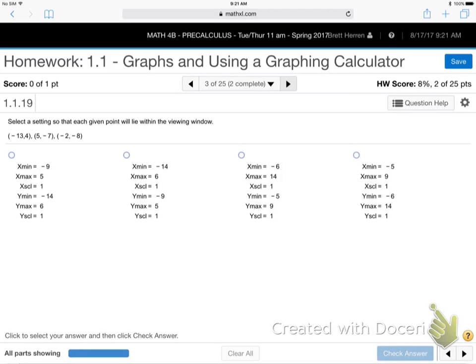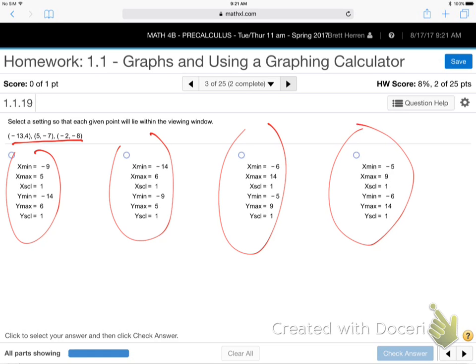This is probably a little easier section than the last one. They're giving us a bunch of points here that we need to graph on a graphing calculator or whatever, and they're asking which of these windows, these are all window setups, would be big enough to see all those points on the screen.